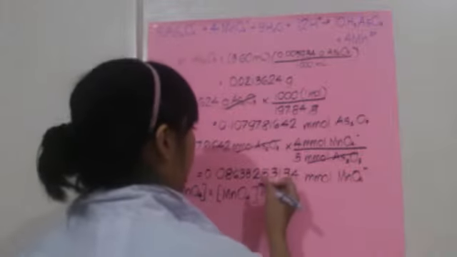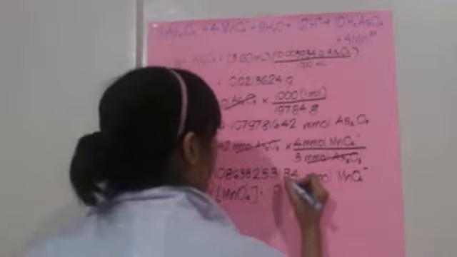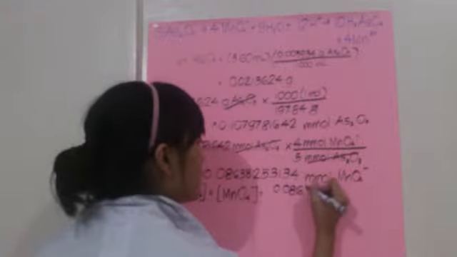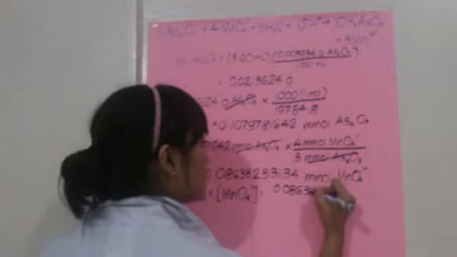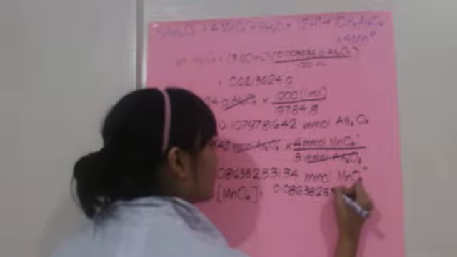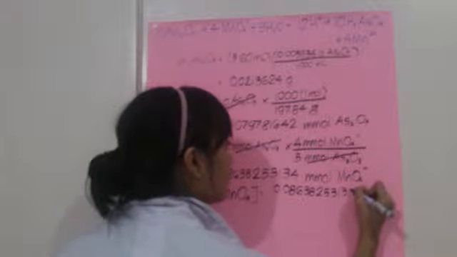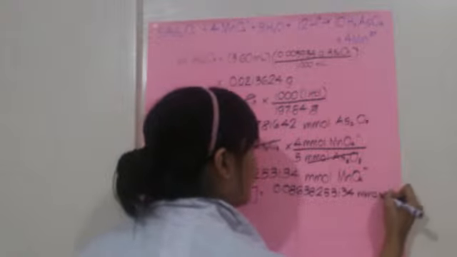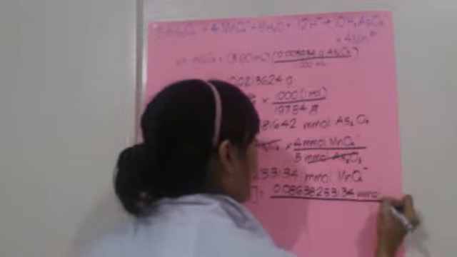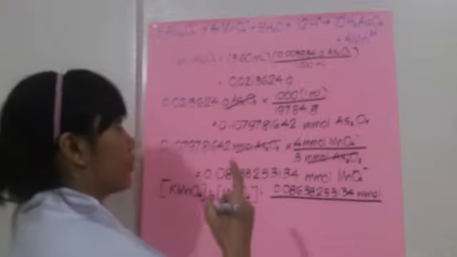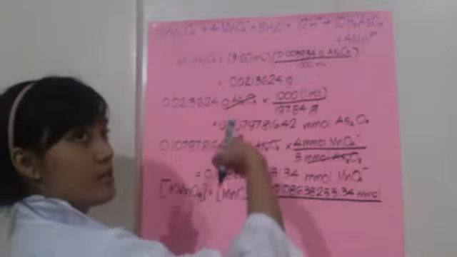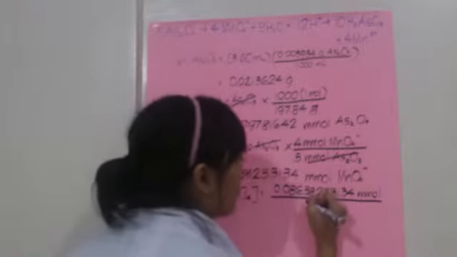Then, 0.0868 over the said volume of MnO4, which is 3.60 ml for the second portion.